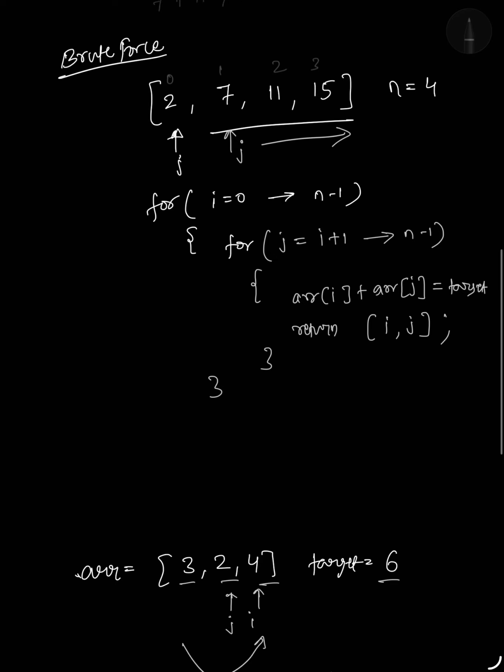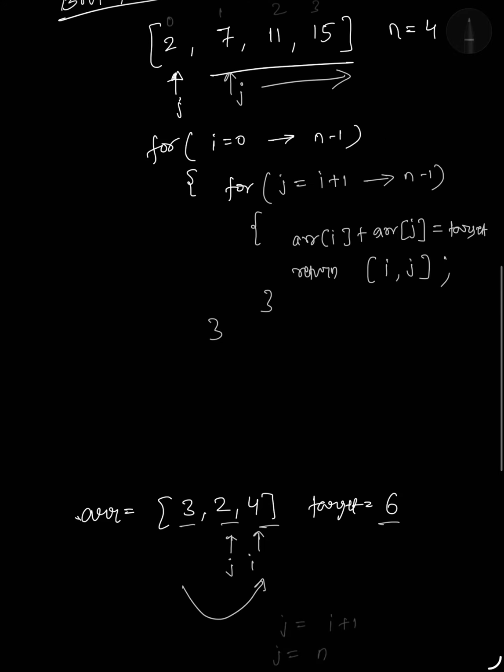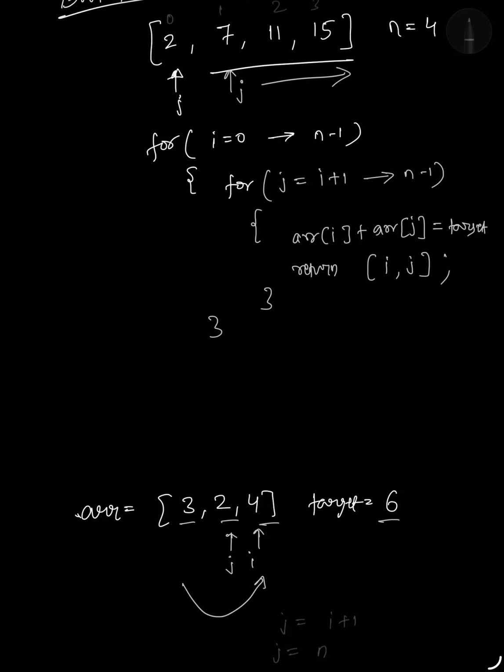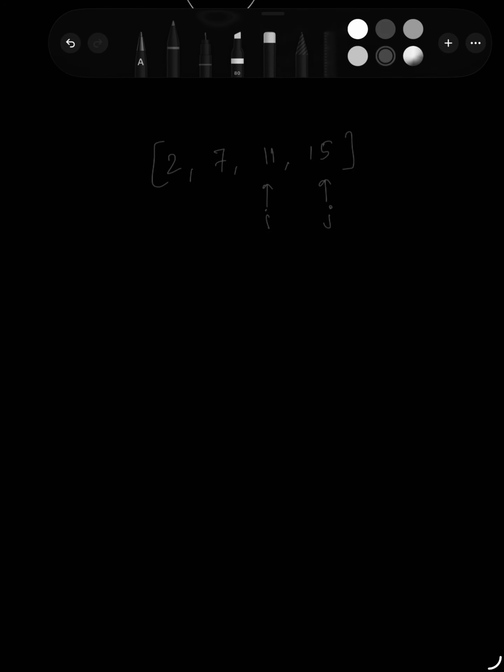So we can have a valid position only while i and j are in order, with i before j. For the example 2 7 11 15, if my i is here and j is here, that is the only final pair I can check.